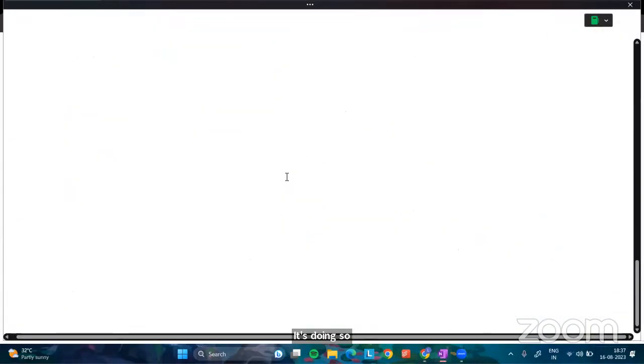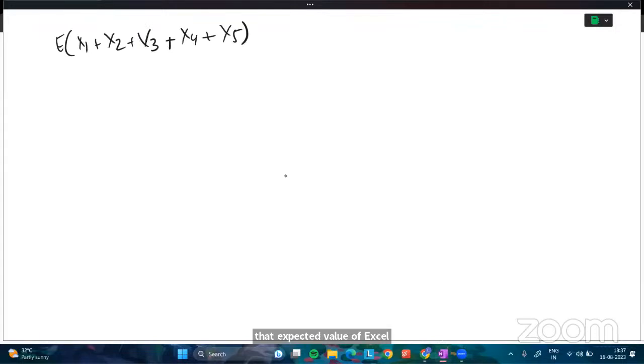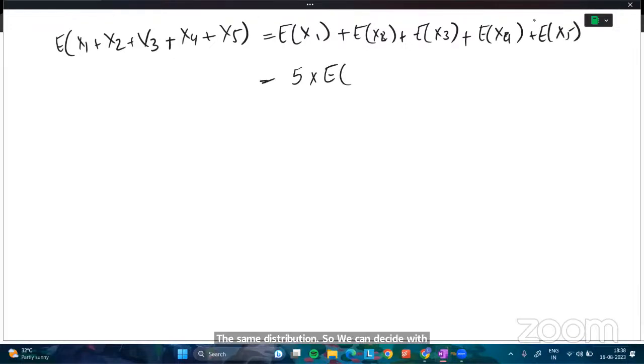We'll use the property that the expected value of X1 plus X2 plus X3 plus X4 plus X5 is equal to the summation of the expected values. We also know that these have the same distribution, so we can just write it as 5 into the expected value of X.